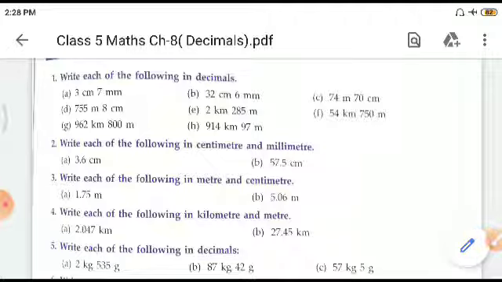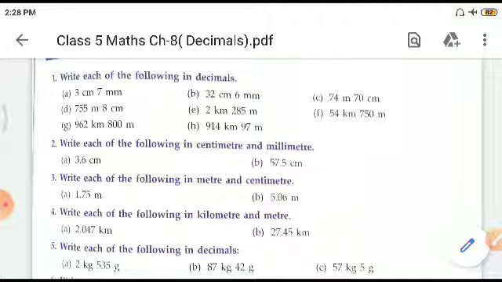Let me take: write each of the following in centimeter and millimeter. 3.6 centimeter. It is written in centimeter, we will be writing in millimeter. That is, we will be multiplying them by 10, because centimeter is larger than the millimeter, so we will be multiplying it with 10.